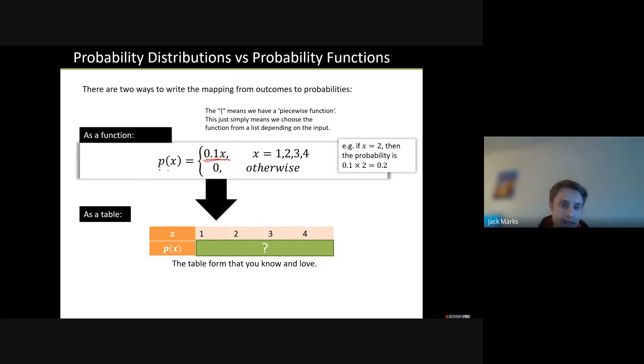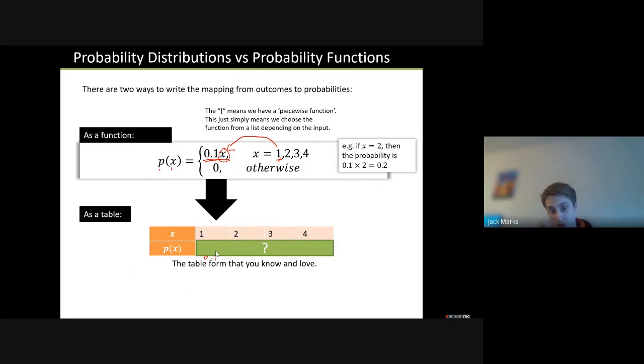So the probability of something happening is 0.1 multiplied by the variable that we are measuring itself. What does this mean? It means if you want to find the probability that the outcome is 1 in this case, you need to substitute the 1 into this, and you will get 0.1 times 1, which is 0.1.